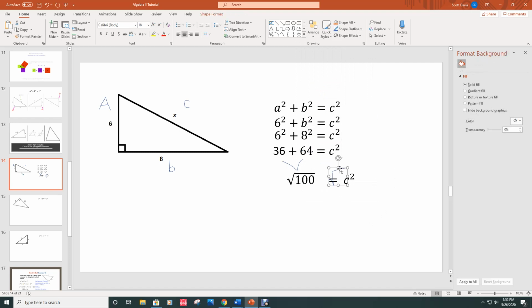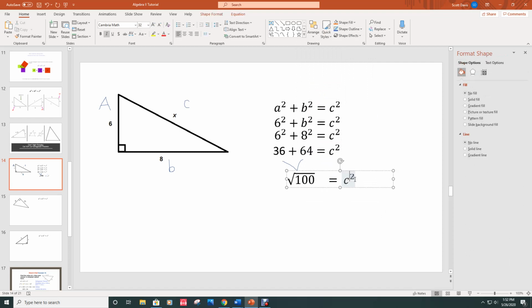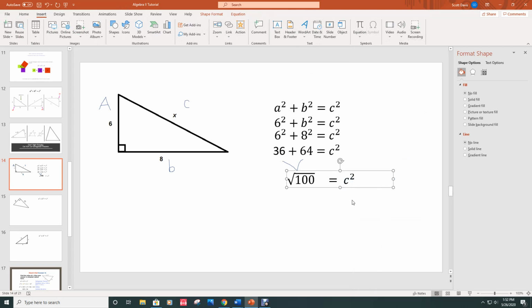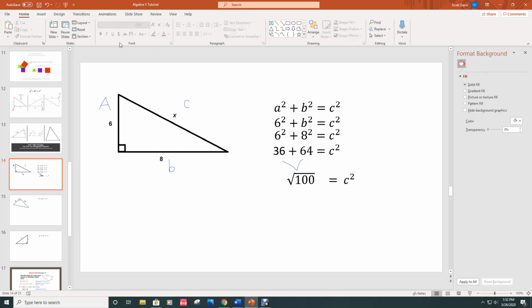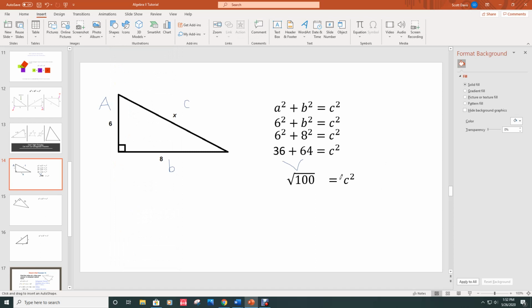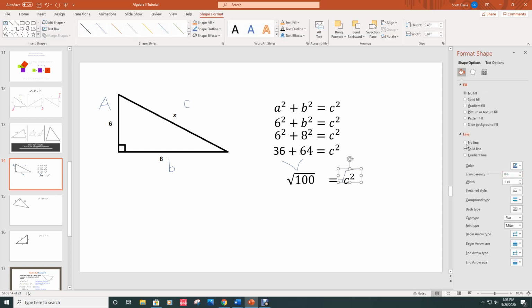Okay, square root of 100, and let's go ahead and do square root of this c squared here. I can't insert an equation, probably because I already have an equation there. All right, so I'll just draw an ugly one. Maybe I can try and be really careful and make it pretty. It's still not that great, but that's okay. All right, so we have square root on both sides.